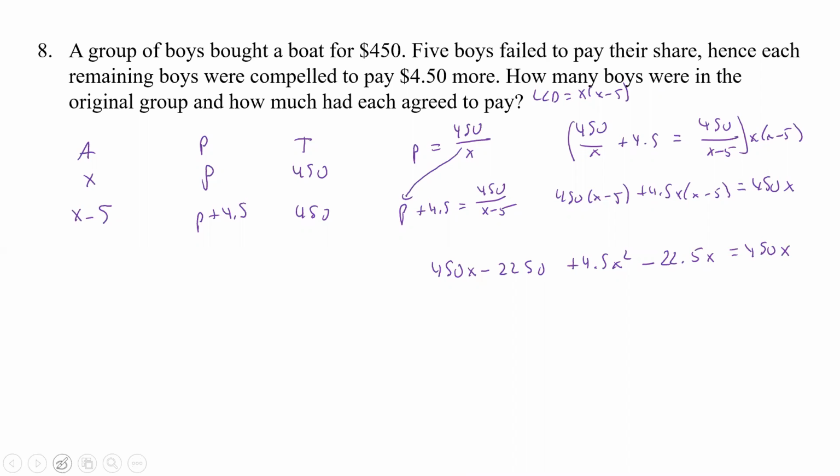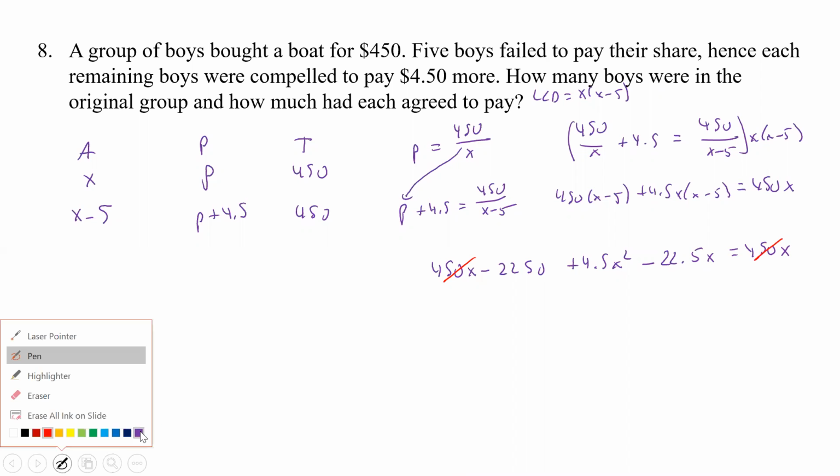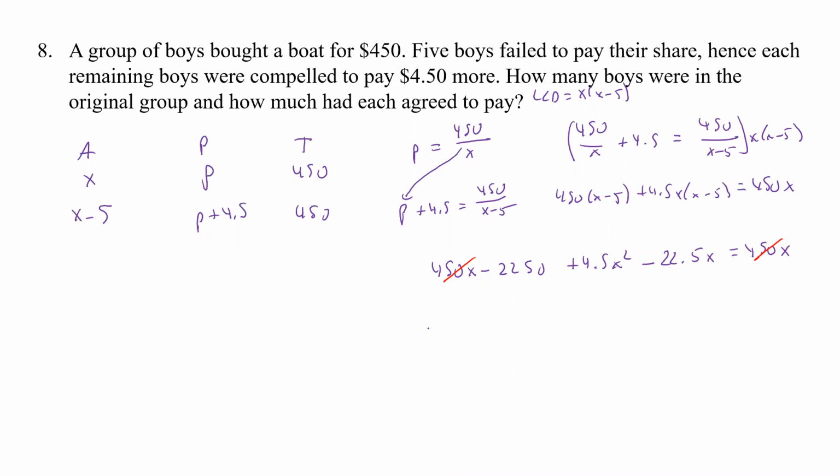All right, now we've got the same thing on both sides again, so that will cancel that. Now I have 4.5x squared minus 22.5x minus 2250 equals 0.